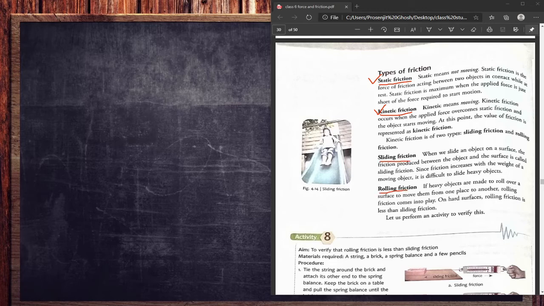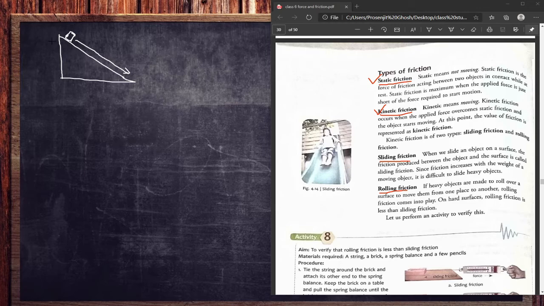How will this happen? When a body slides down, maybe it can slide off a park slide, or maybe it can be some inclined plane from where you are sliding down. So I placed a body at the top of some inclined plane. What will happen? It will slide down to the bottom.